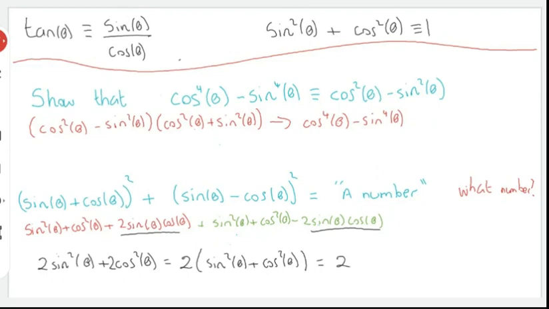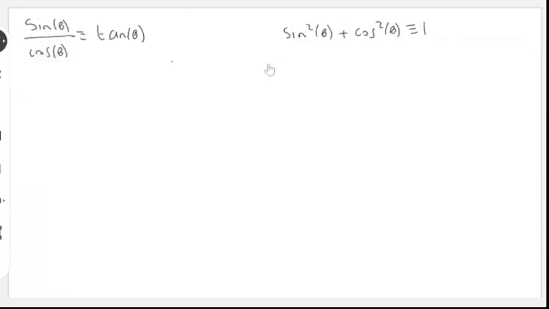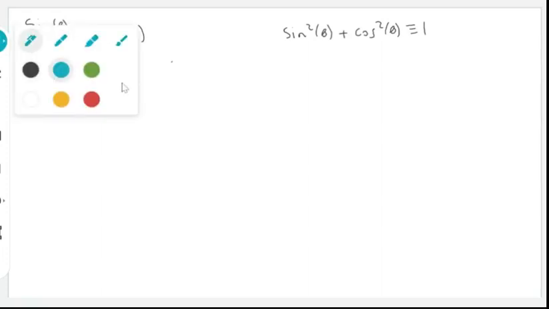Here's another thing then for you to think about. So we've got the expressions sine of theta over cos of theta is identical to tan of theta. And we've got sine squared theta plus cos squared theta is identical to 1. I should probably duplicate this slide. Okay, so I'm on slide 8. Here's one question.